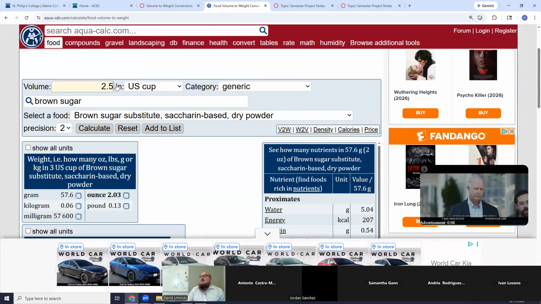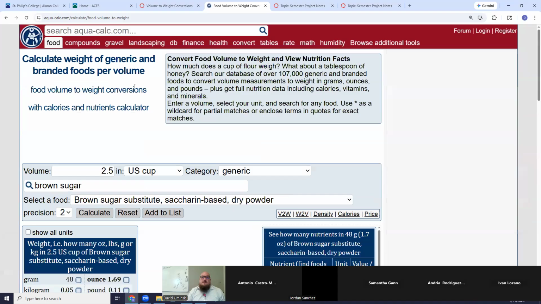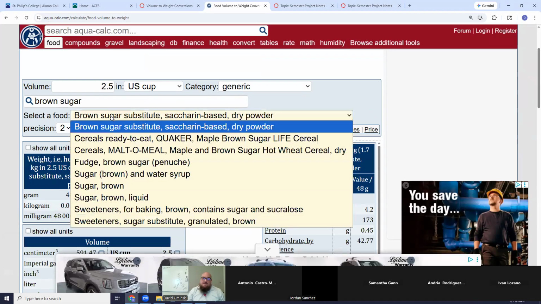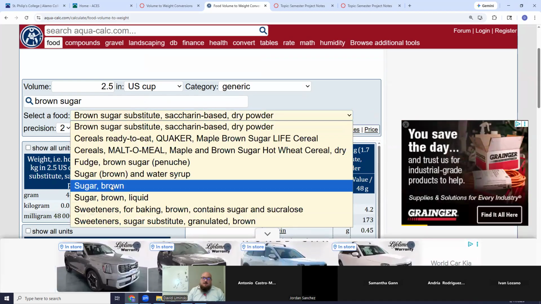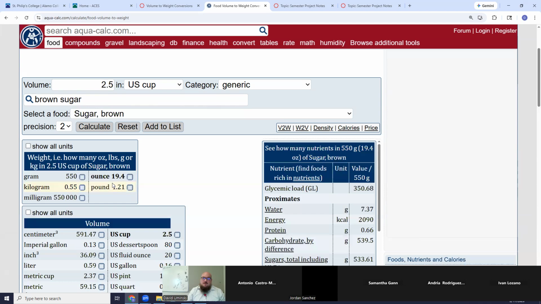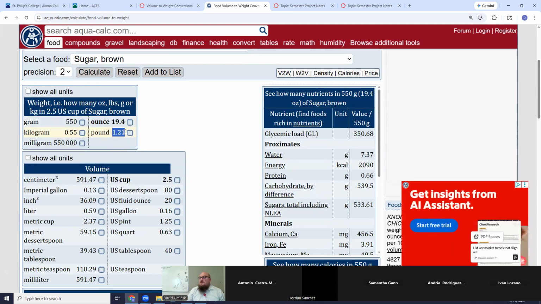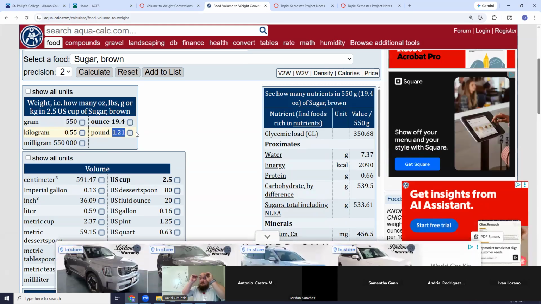Now, this does not take fractions, so we have to put in the decimal. So 2.5 cups. All right, so this is brown sugar substitute. We don't want that. We want brown sugar. So that's 19.4 ounces or 1.21 pounds. Okay.